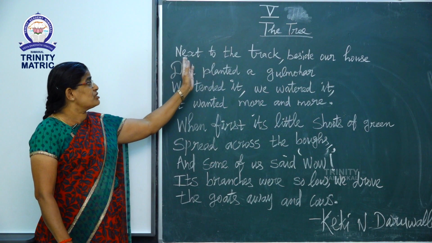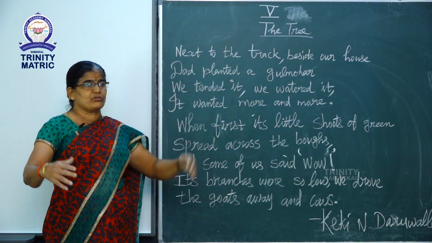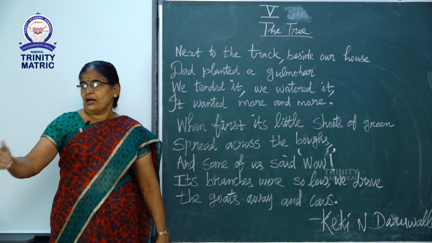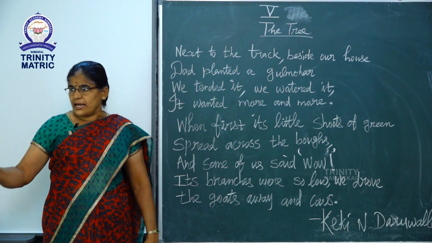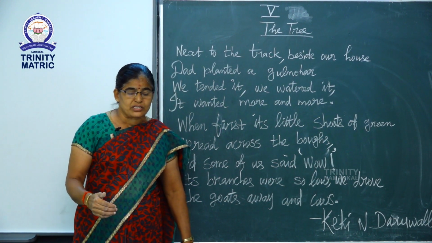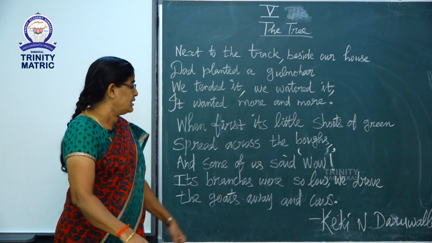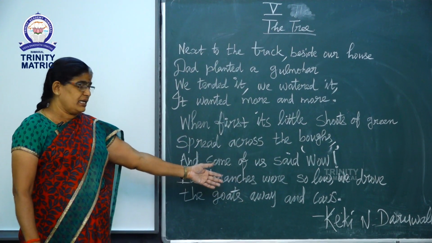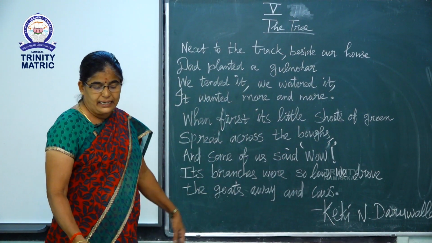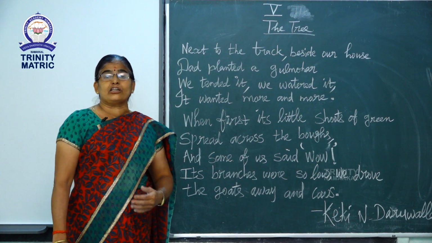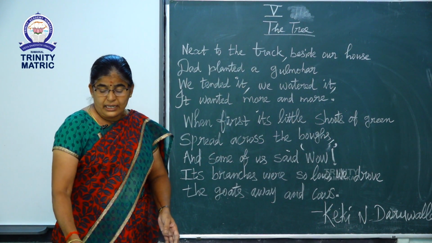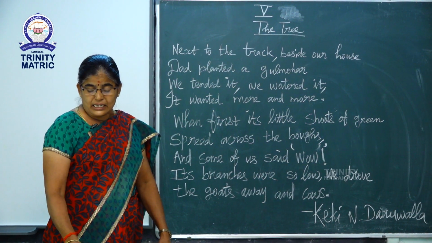Once again, next to the track beside our house. At the side of the house, Dad planted a gulmohar tree. Who was the poet? K.K.N. Daruvala. He is an Indian poet and also a short story writer in the English language.